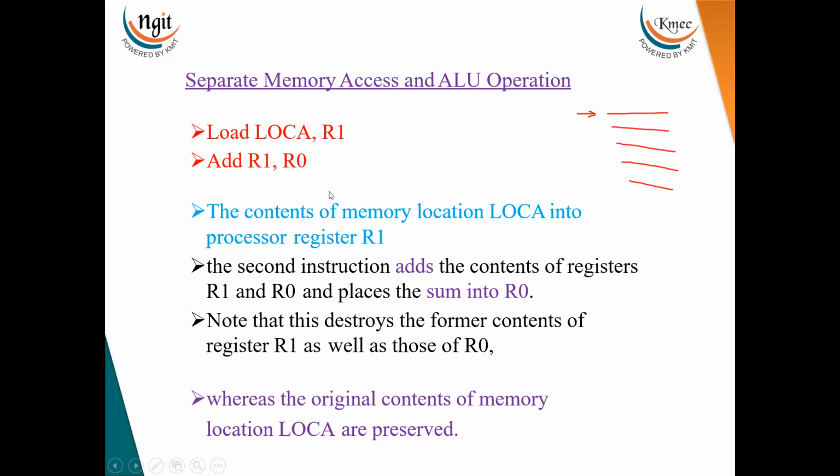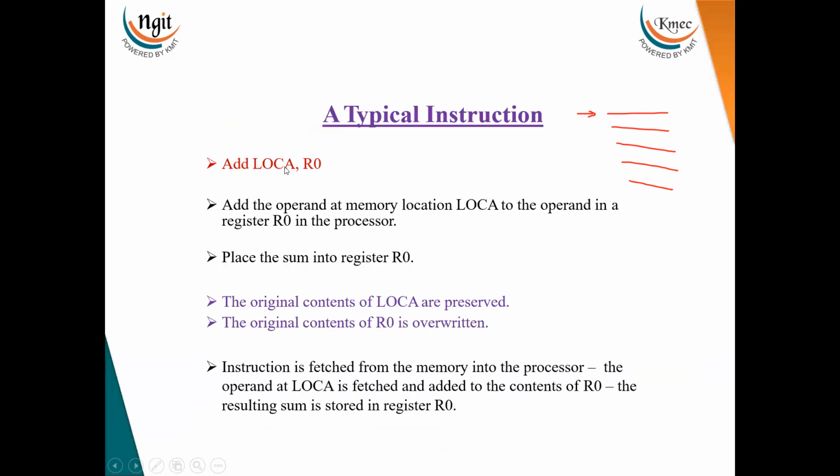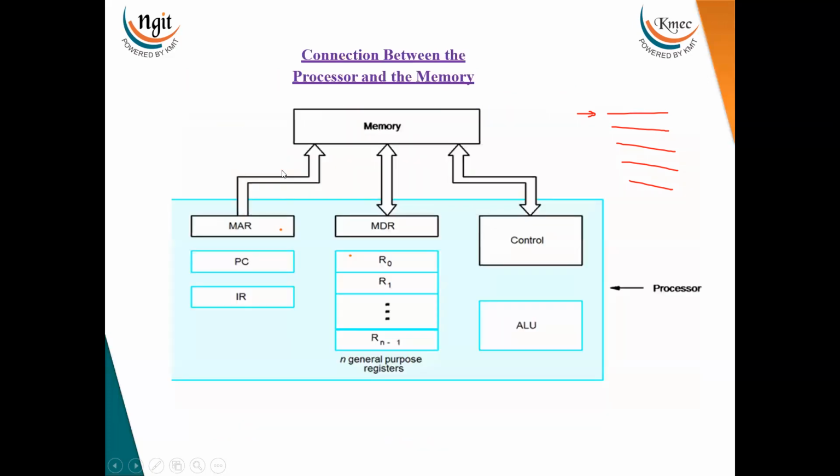So whenever we execute this instruction, let us see what happens inside the processor. Initially the PC holds the starting address of the memory location. That address is placed into the MAR, and that address will point to the address location in the memory.